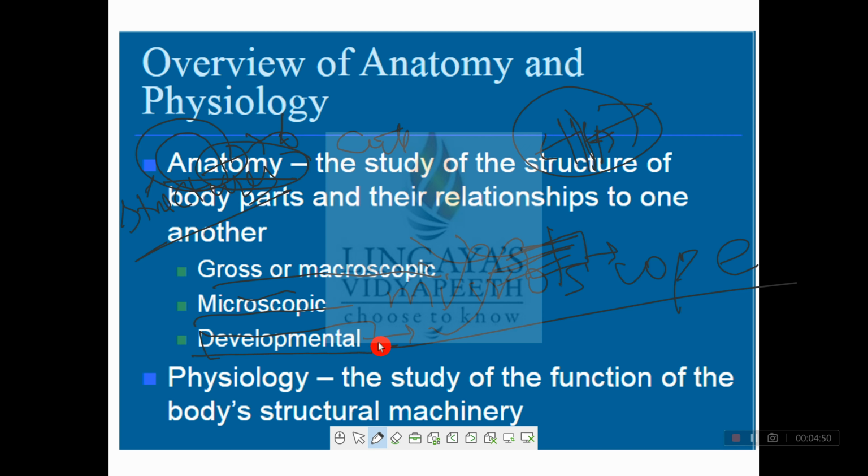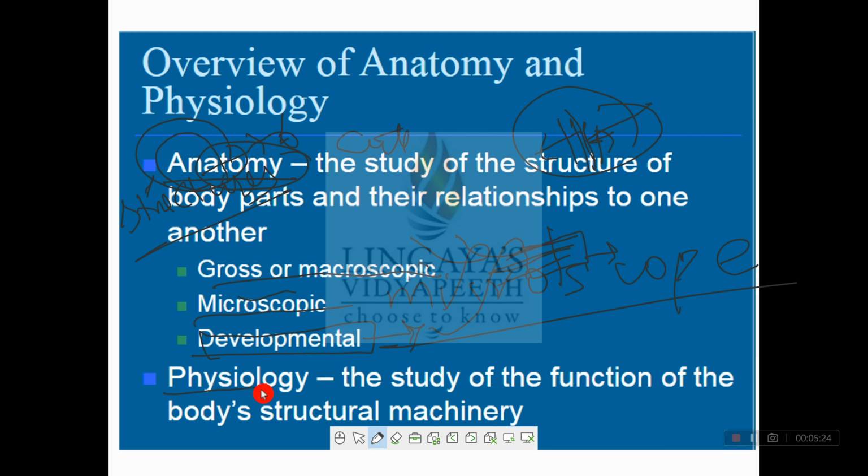It undergoes growth and development over the different months, some organs are developed, the fetus attaches to the uterus, and it undergoes several changes throughout the gestation period. So this kind of anatomy is called developmental anatomy, in which we study the growth and development that a person undergoes throughout life.